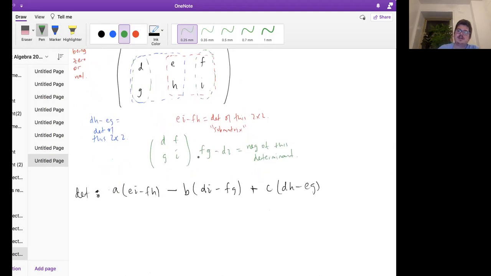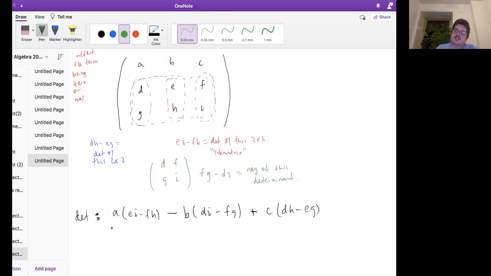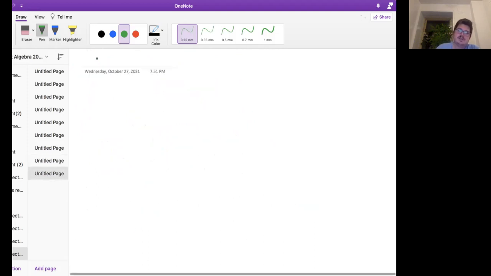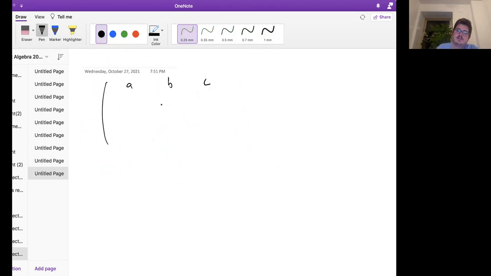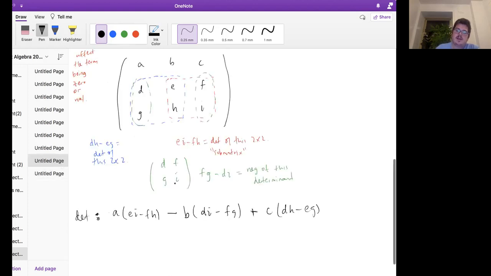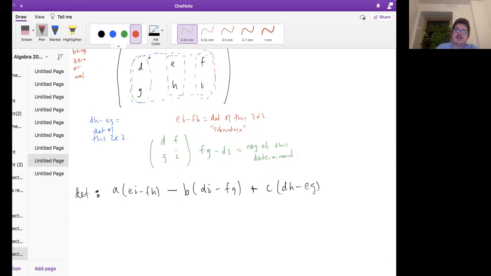All right, so let's think of a better way to see the whole formula. Yeah, the negative part, I just wanted the thing inside to be the determinant.